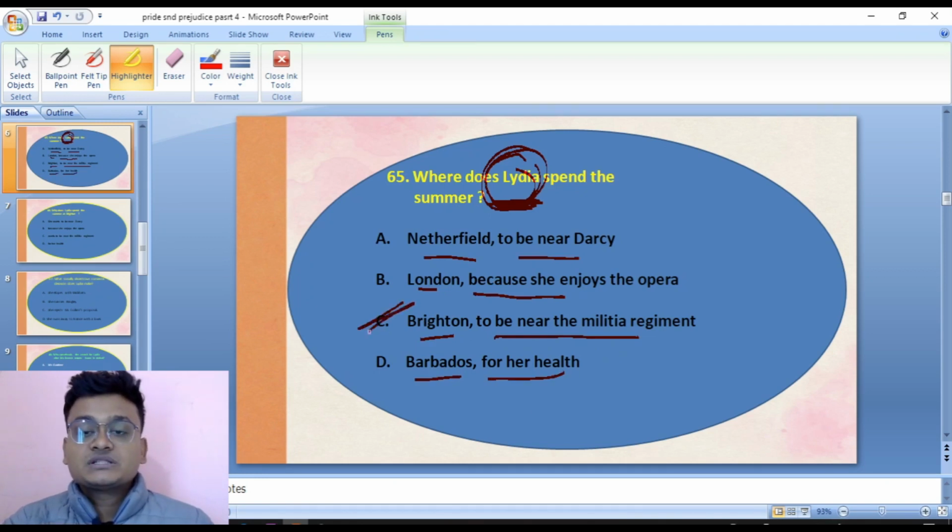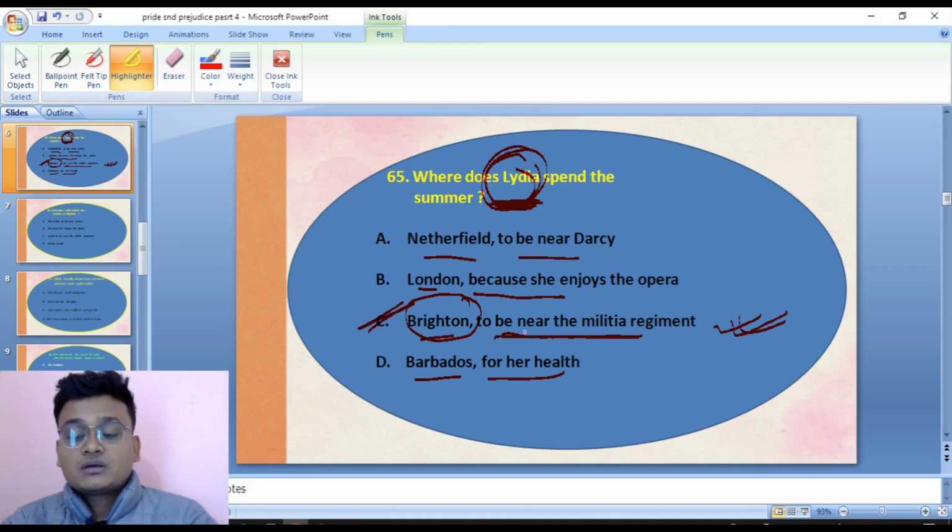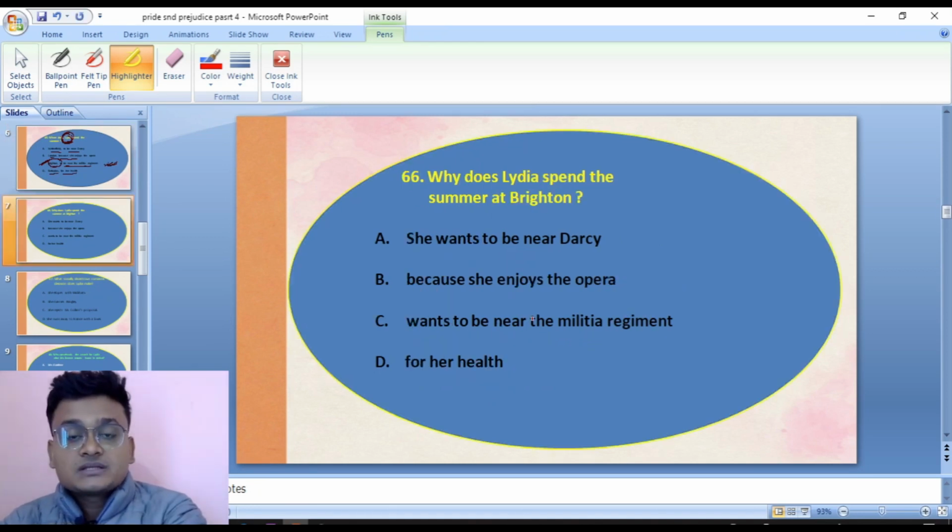So option C, that is Brighton. She was trying to spend the summer near Brighton because she wanted to be near the militia regiment. She liked the militia regiment, and that's why Lydia spent the summer in Brighton.